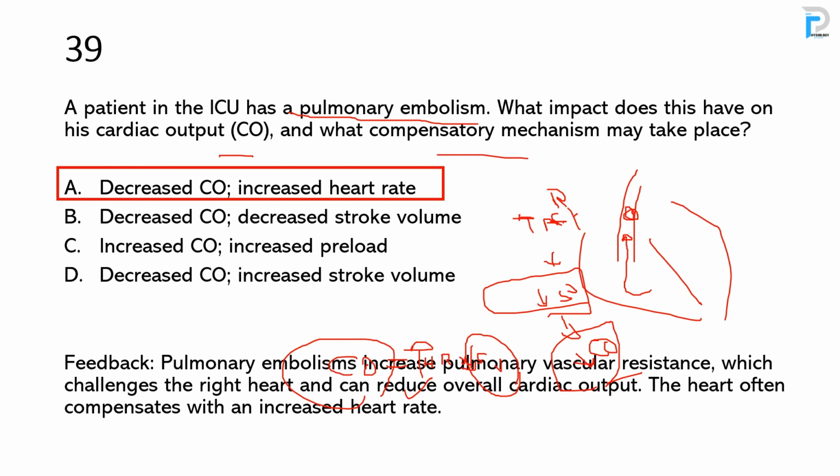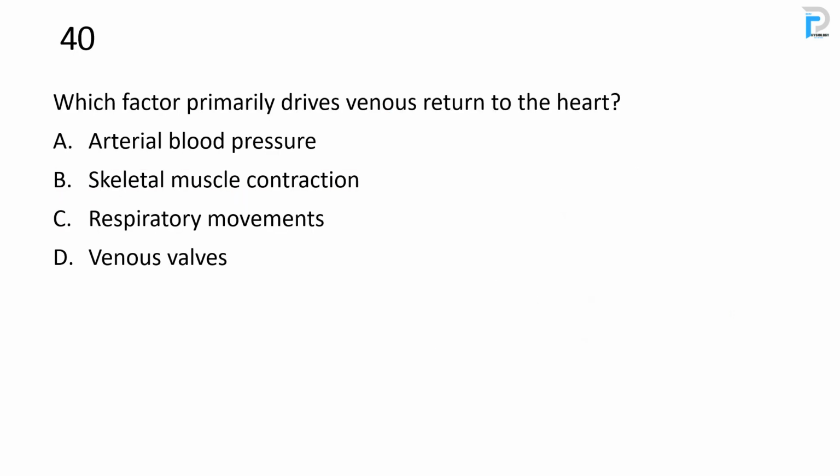What factor primarily drives venous return to the heart? Here we are talking about the venous return, the blood that is coming back to the heart through the superior and inferior vena cava, which collect the blood to the right atrium.